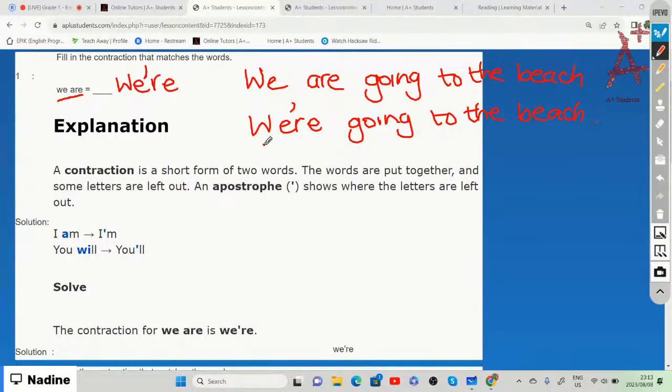So that is the contraction, or another word is a short form of the two words, for example, we are.